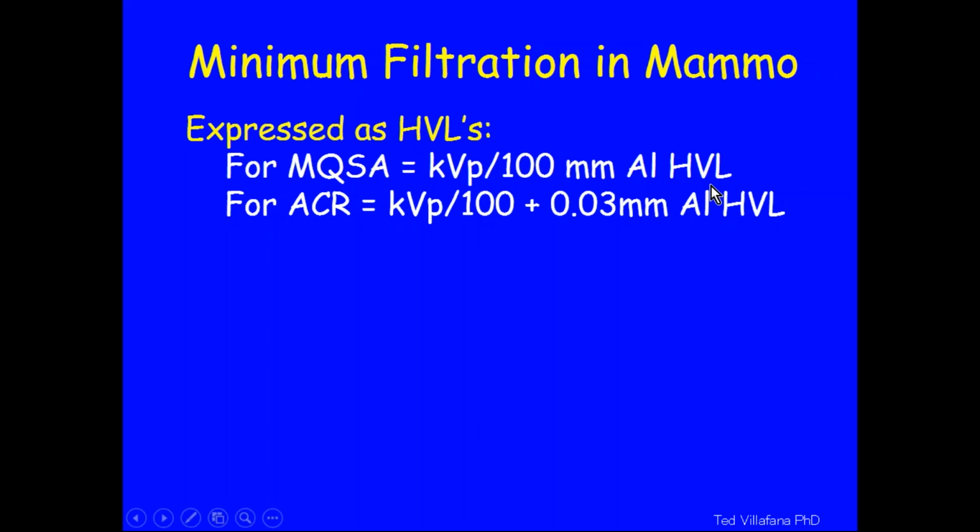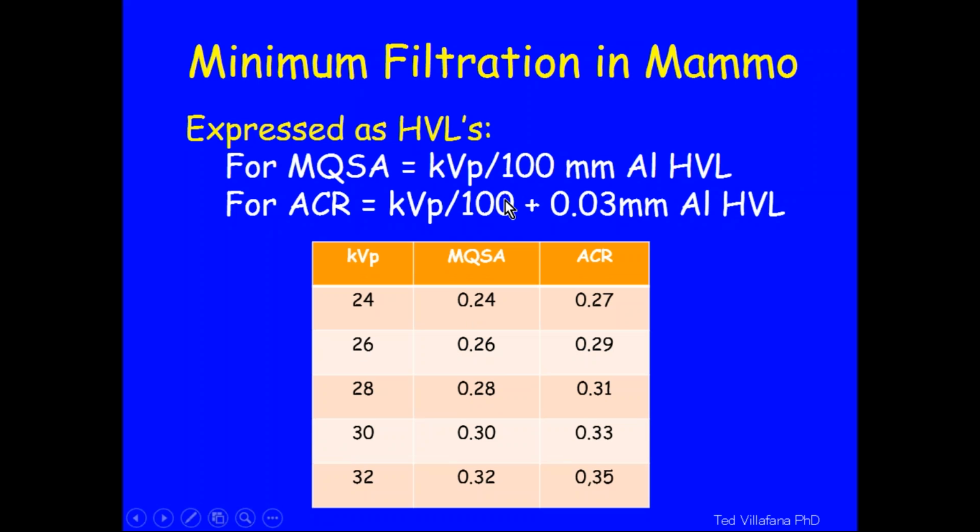So the required half value layers are given by those little relationships. So for instance, if you're operating at 26 kVp, very typical voltage in mammography, I'll go straight to the ACR value. The 26 divided by 100 is 0.26, and then add the 0.03 to the 0.26, you get 0.29.